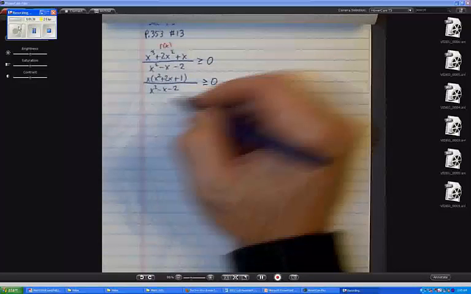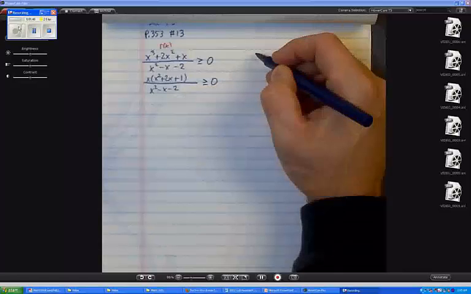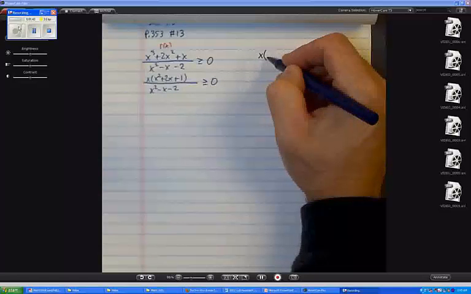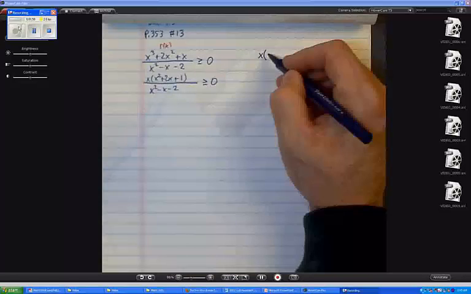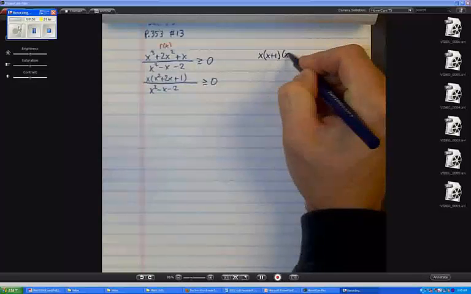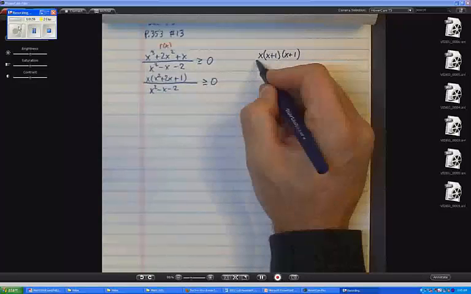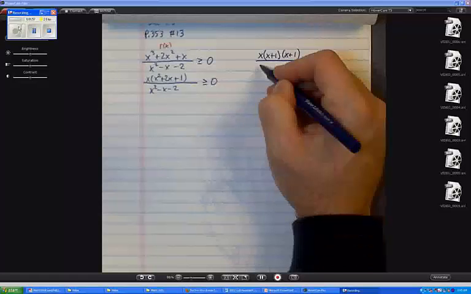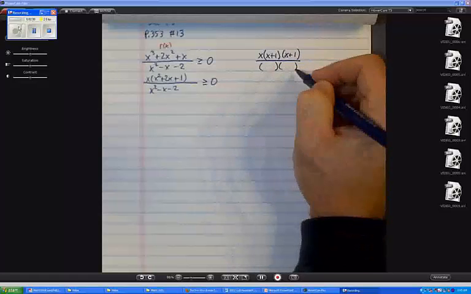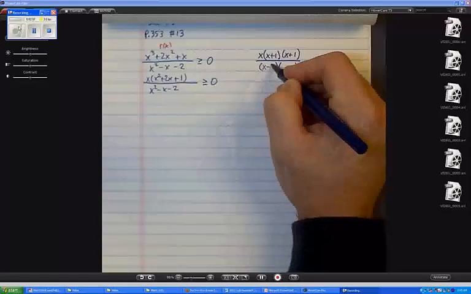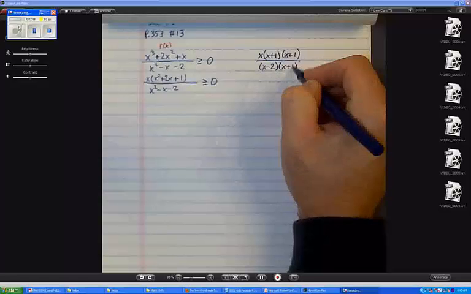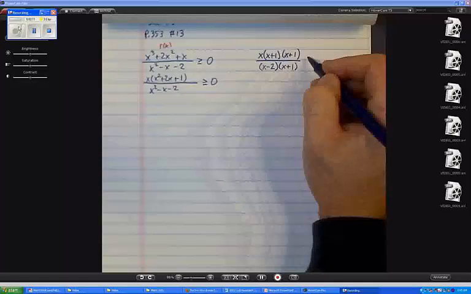I'll rewrite it as x times, how do you factor x squared plus 2x plus 1? x plus 1 times x plus 1, or x plus 1 squared, right? Over that denominator factor, I hope? Good. What do I get? I think it's x minus 2, x plus 1, is bigger than or equal to 0.